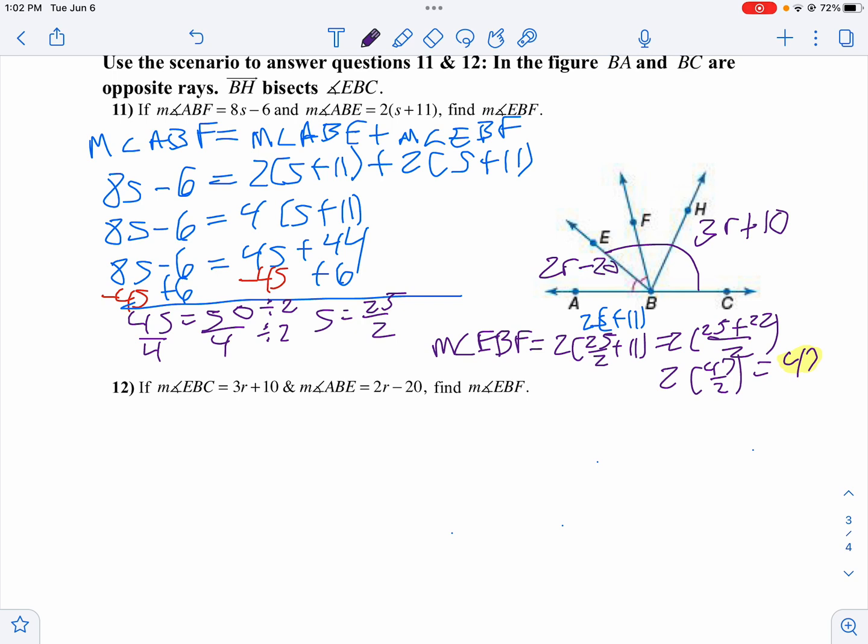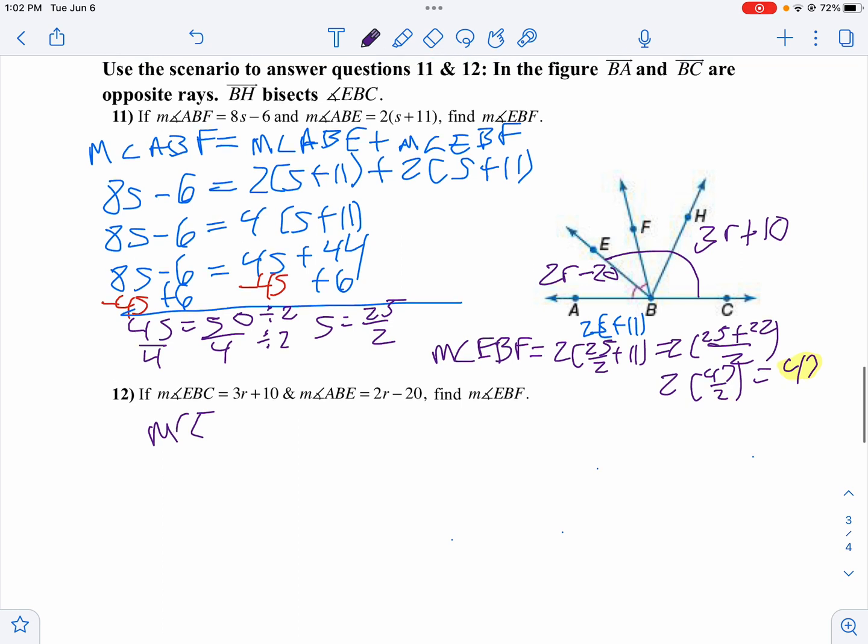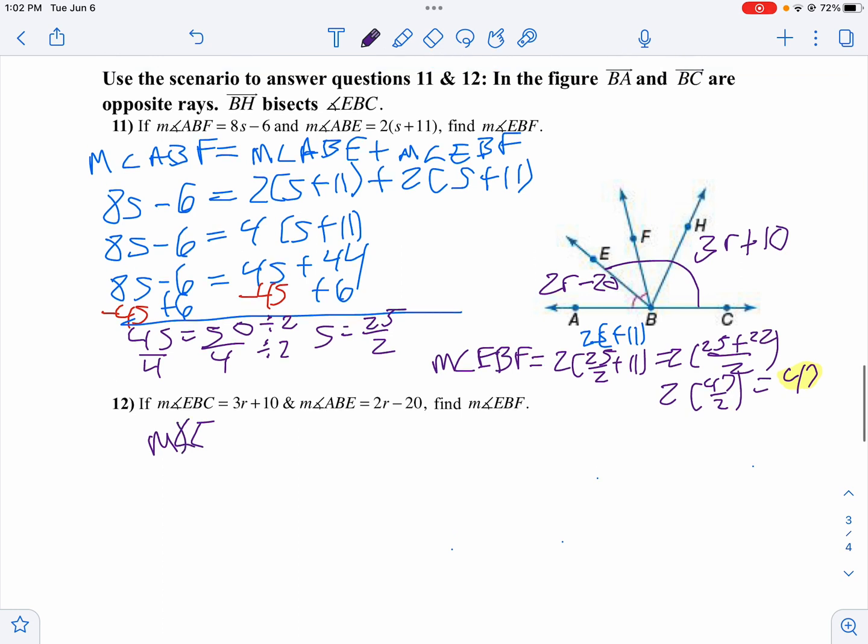So I can add those two up, and it'll get a straight angle, which is 180 degrees. That is the measure of angle EBC, here we go again, plus the measure of angle ABF. That's going to be equal to 180.